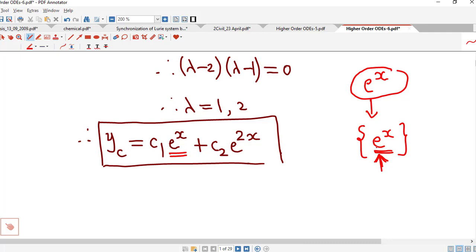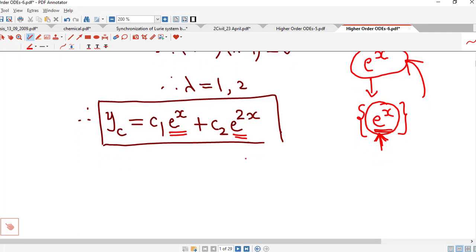But every time you apply the method of undetermined coefficients, first you have to write down the family of derivatives corresponding to the right hand side of the given non-homogeneous equation, and then before assuming the particular solution or particular integral, you have to check whether any member of the family of derivatives is present in the complementary function or not.